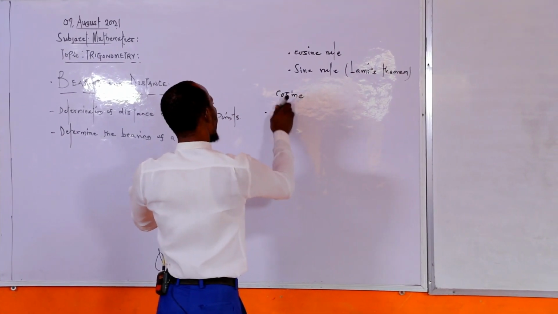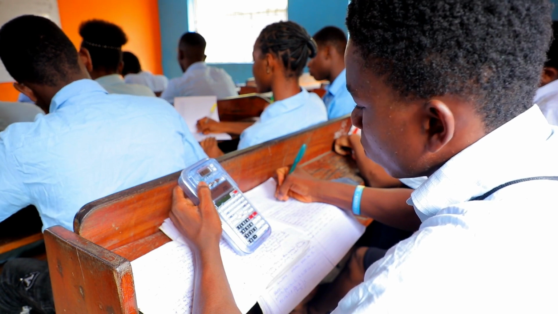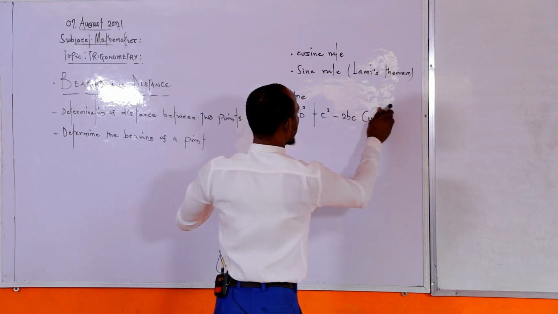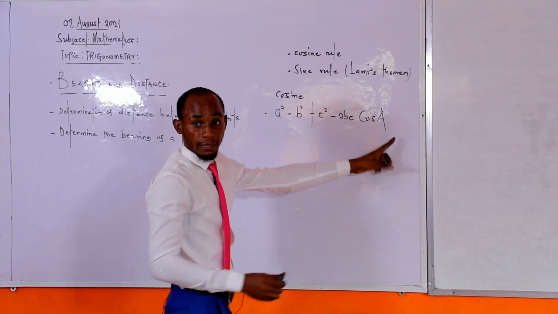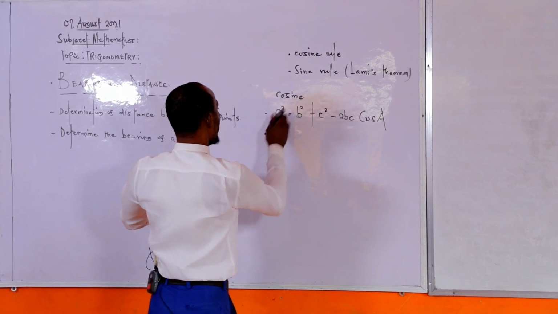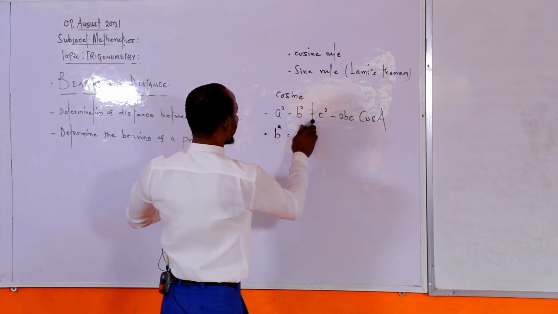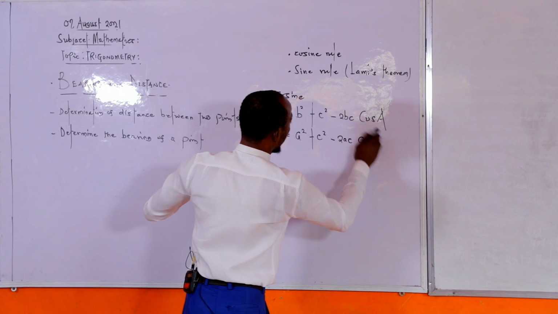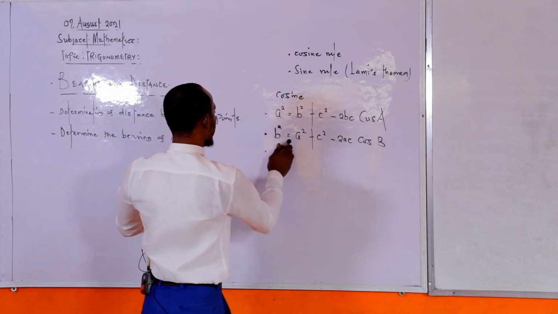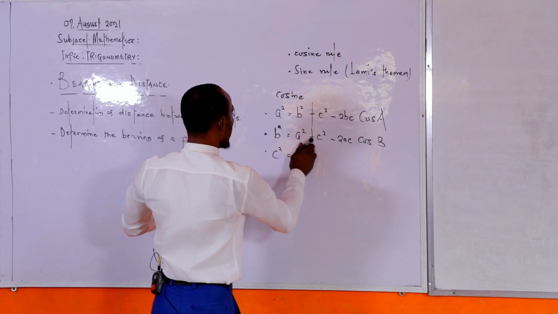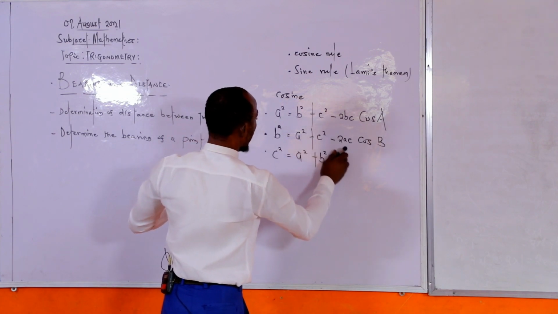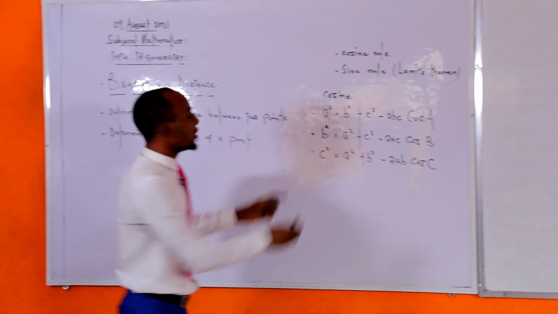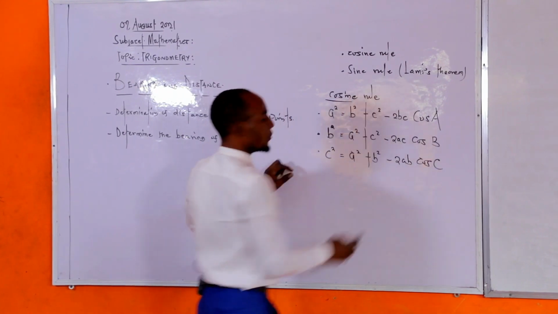First, we have a² equals b² + c² − 2bc cos A. Then I also gave you the formula b² equals a² + c² − 2ac cos B. Then c² equals a² + b² − 2ab cos C. I call this the cosine rule.